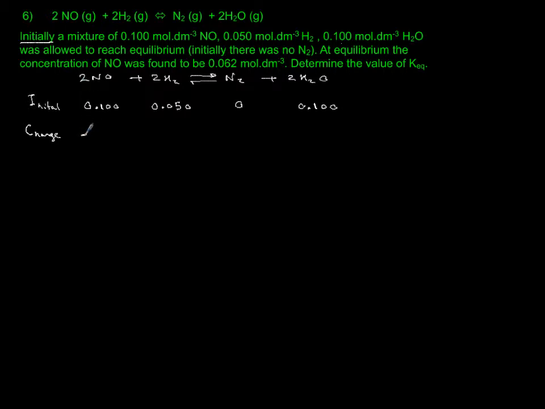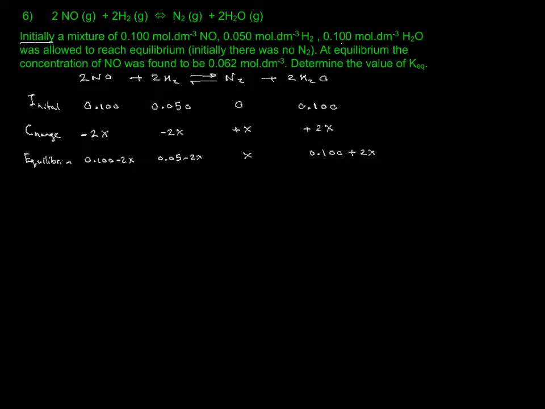Since you have 2, it's minus 2x moles of nitrogen monoxide removed, and minus 2x moles of hydrogen is also removed, plus x moles of nitrogen comes to life, plus twice as much, 2x moles of H2O. What is E? That stands for equilibrium, and it's initial plus change, so it's 0.1 minus 2x, 0.05 minus 2x, simply x, and 0.10 plus 2x.